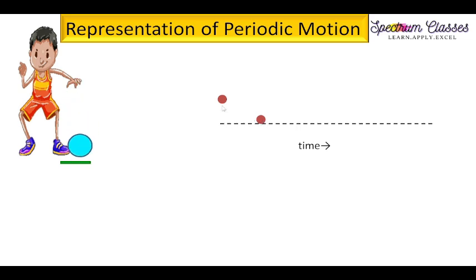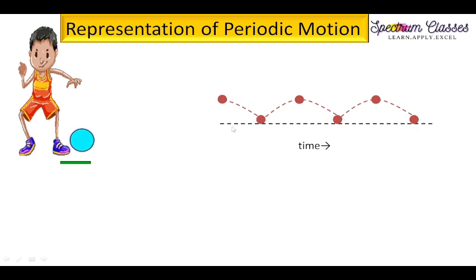You can say it should be here, but because this is the time scale and this is the distance scale, after some time it is touching the ground, not at the same instant, right? That is why it is somewhere towards the x-axis, or time. Now the second position is this and the third position is this. And now if we join these lines, here is the pattern for this kind of motion.